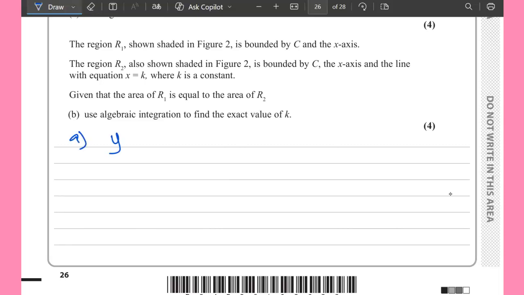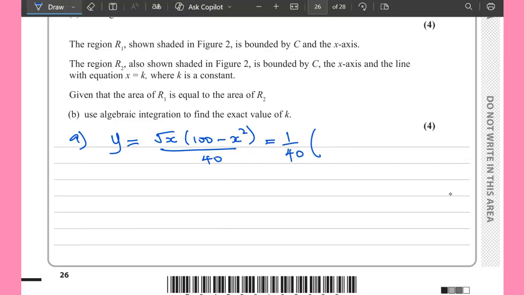We're given the function y equals root x times (100 minus x squared), everything divided by 40. So this can also be written as 1 over 40 times, expanding the equation for y, we'll have root x times 100.